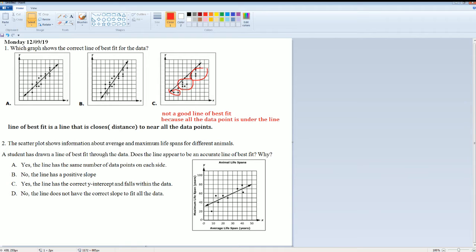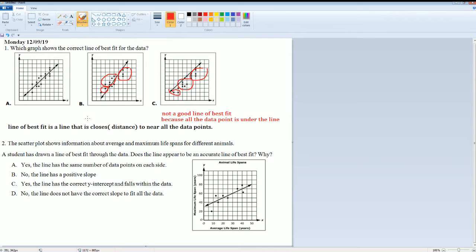Let's look at B here. B looks really good, but if we compare it to A, check it out. Look at some of the data points here. These are all underestimates, and these are all overestimates. There are still chunks of data that it's missing.